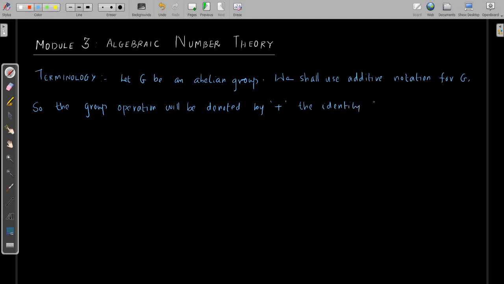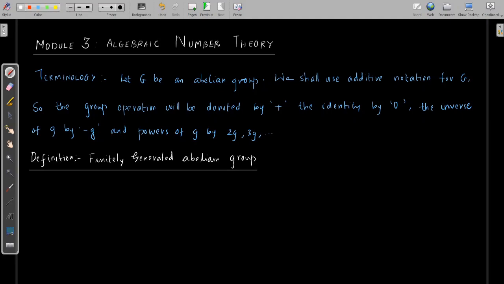This is the terminology used in this textbook. For the powers of an element g, instead of g squared we will use 2g, for g cubed we have 3g, etc. These are the important terminology in the textbook throughout our modules 3 and 4.